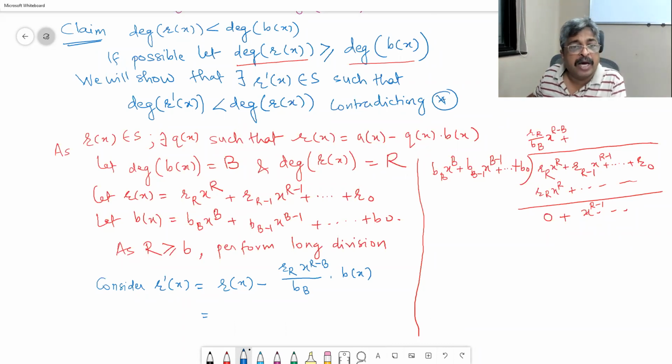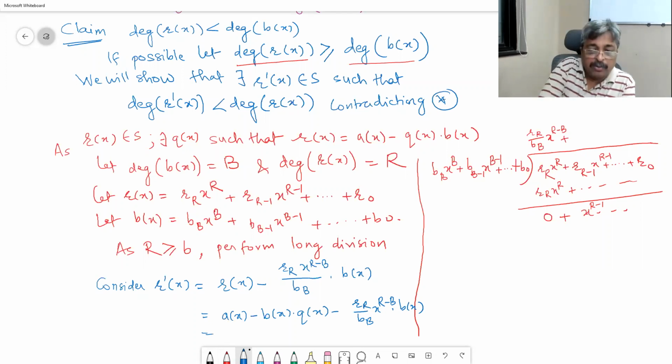what is our r of x? Our r of x we have found out from the box. And the box says r of x is equal to a of x minus b of x into q of x minus RR upon BB x raised to R minus B into b of x, which again here b of x is common.